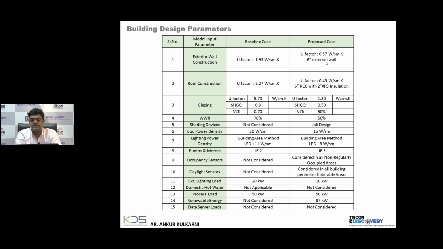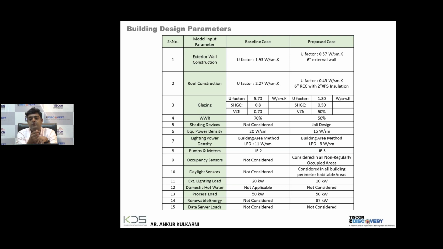For external wall, yes, we are going ahead with 6 inches external AAC walls. Same 2 inches of XPS insulation on roof. Glass, because this is a commercial property, yes, we are going ahead with double glass of SHGC around 50% and VLT around 50%. This is a comparatively clear glass, 50% VLT.